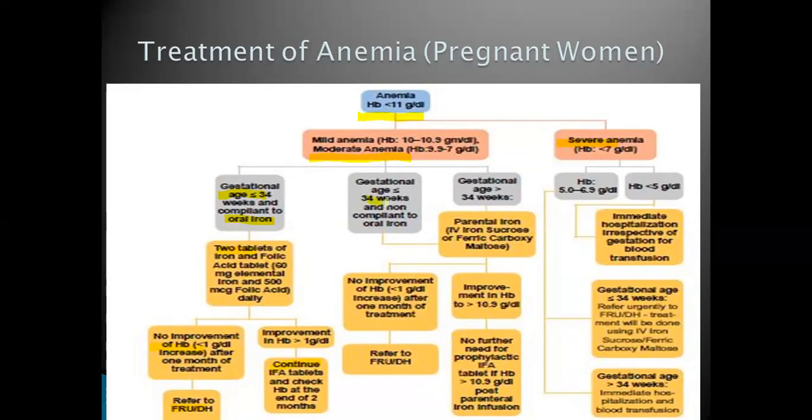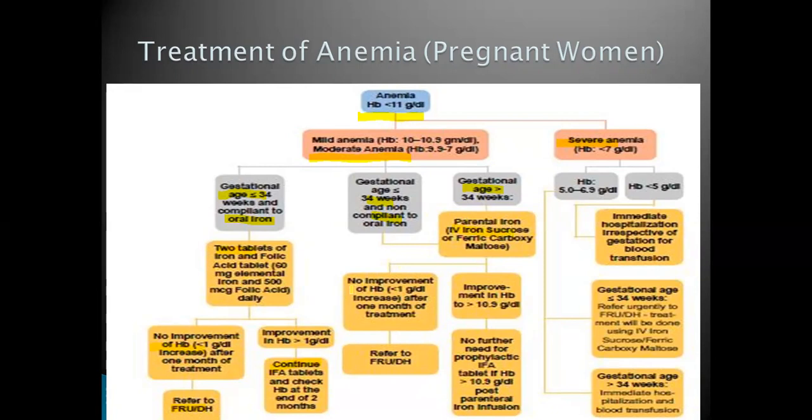If gestational age is less than 34, but there is non-compliance to oral iron, and also if gestational age is more than 34 weeks, then there is not much time left to experiment with different available oral iron preparations. That is why we go to parenteral iron, which can be iron sucrose or ferric carboxymaltose.